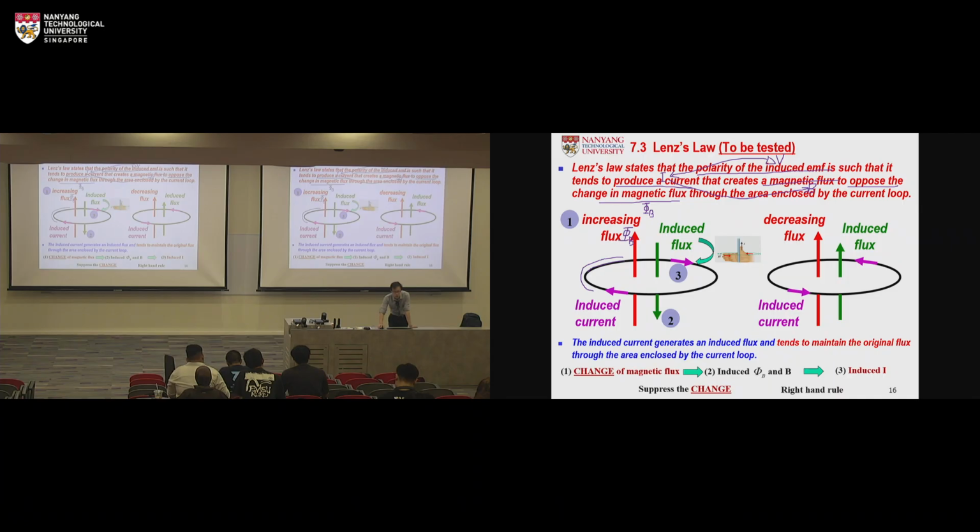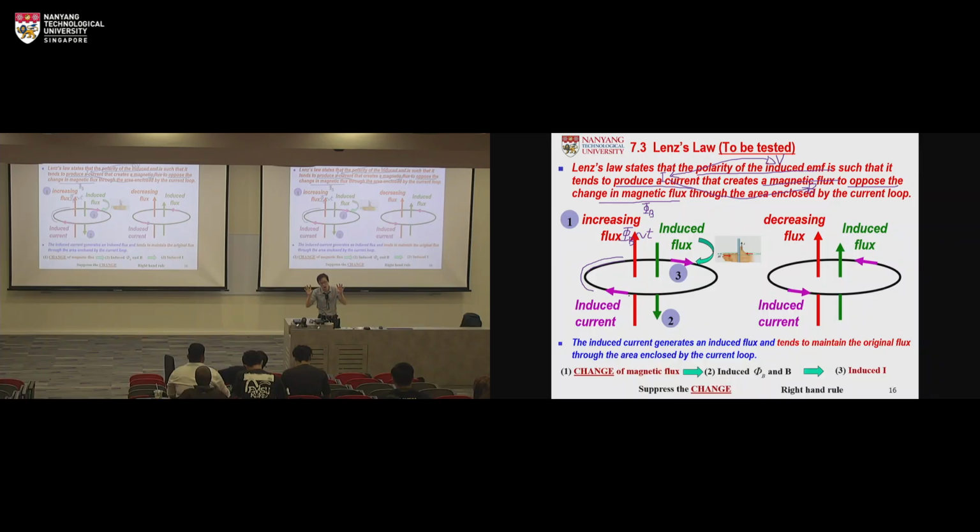This is the so-called electromagnetic induction, right? Once this one is a function of time t, is not constant, then there will be an induced current flow inside this loop. So now this Lenz's law is just tell us how we can determine the direction of the induced current.